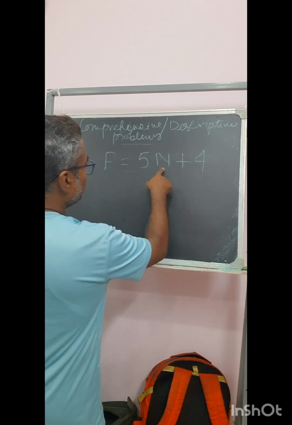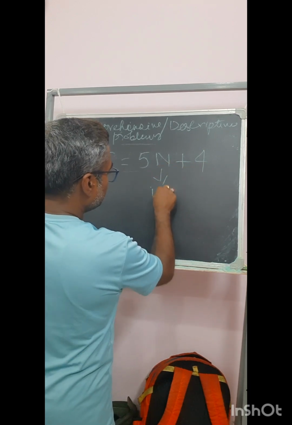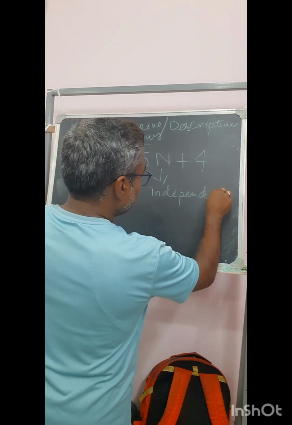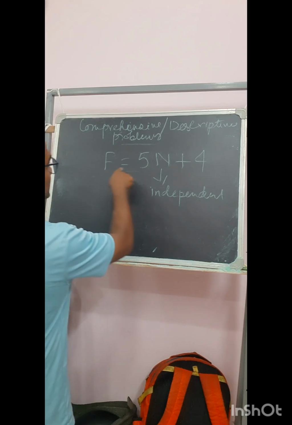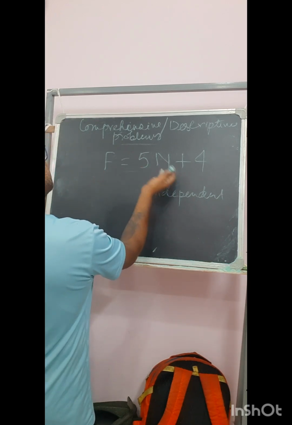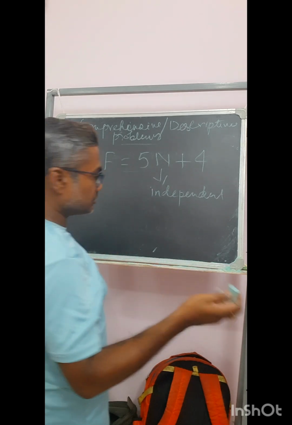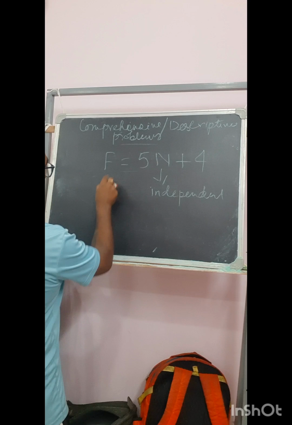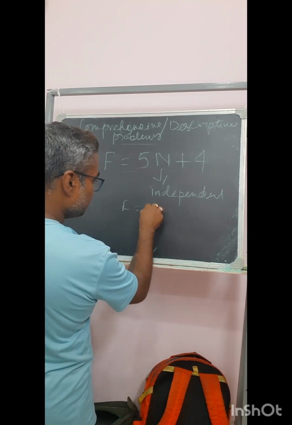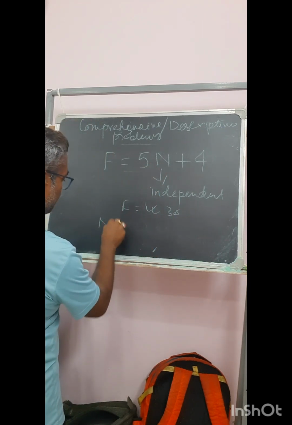Now n is an independent variable, as I have written in the form where f depends on n's value. If it is to be reversed, then I have to bring n in the form of f. That also is possible, but here f is given as 34, so definitely n is the dependent variable.